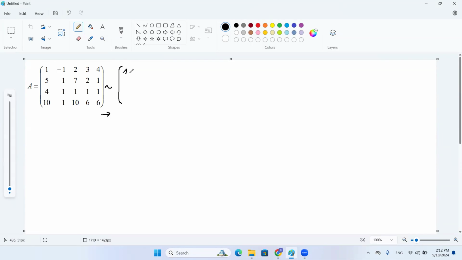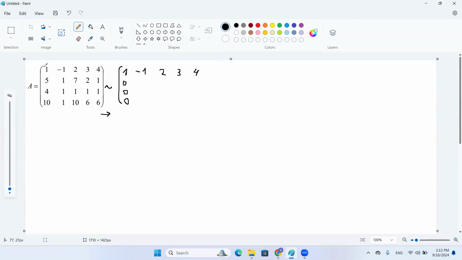So I start with the first row. It won't change. And here we will leave only zeros. Why zeros? Because I'm taking this row, I multiply it by 5 and subtract it from this row.